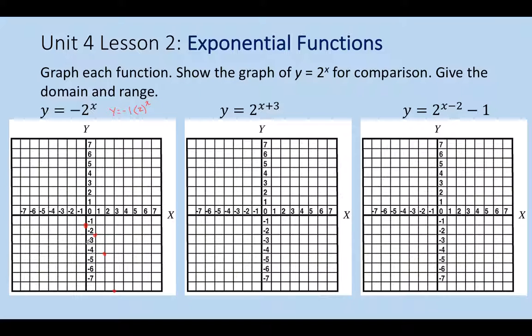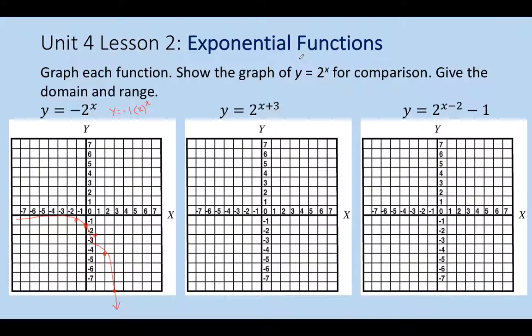And so we get this function right here. If I went the other way, instead of multiplying by 2 to go this way, I divide by 2 to go this way. And so -1 divided by 2 is -1/2, and you can see enough of a pattern here to be able to connect your dots and draw your graph.